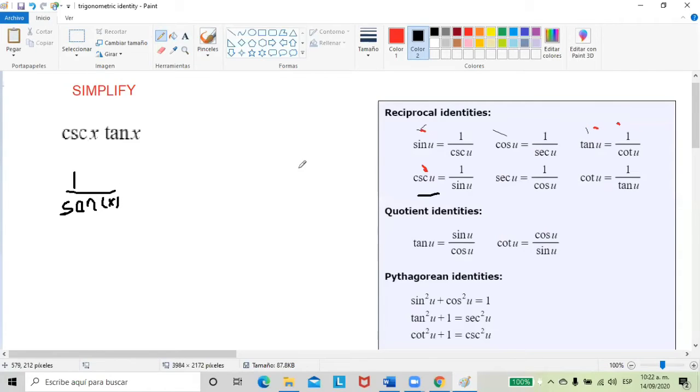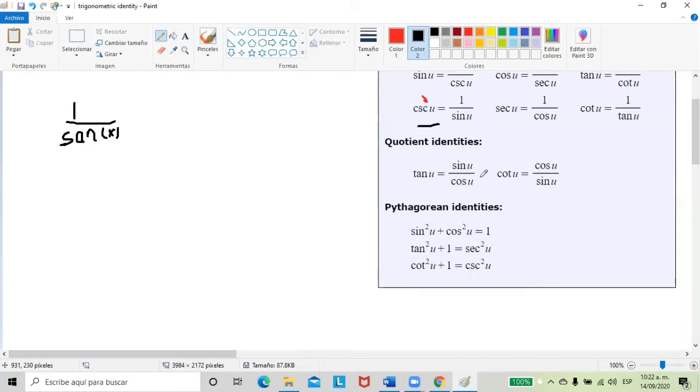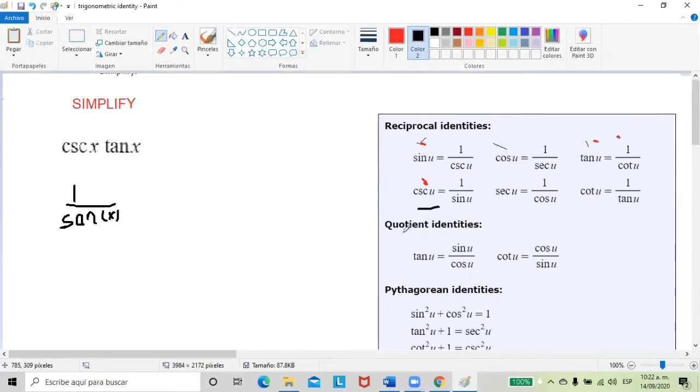Now tangent is equal to 1 over cotangent, but that doesn't work for us because we need another identity to simplify this. So here we have this identity, tangent of u is equal to sine over cosine. So instead of tangent, let's write sine over cosine.